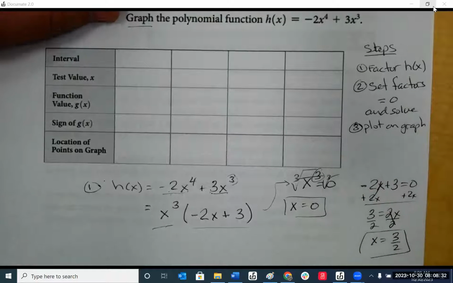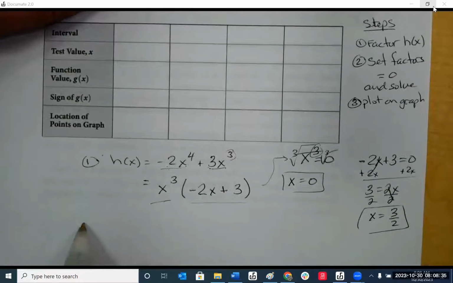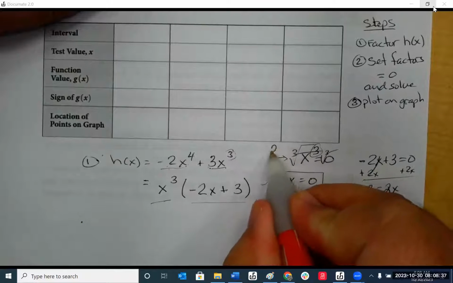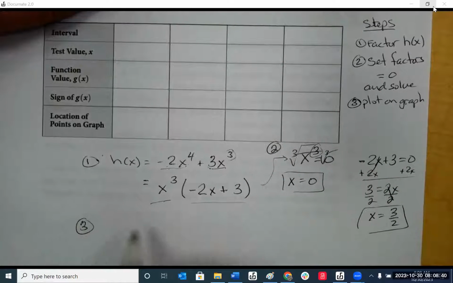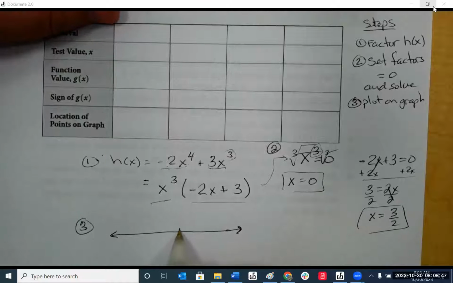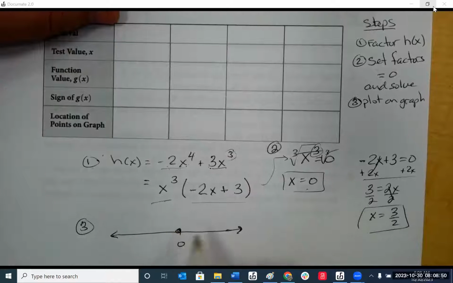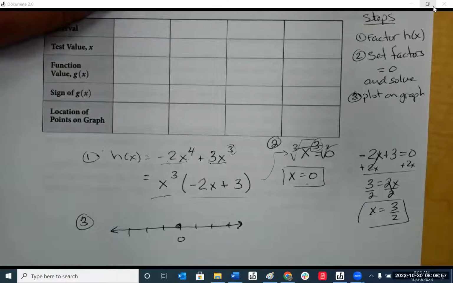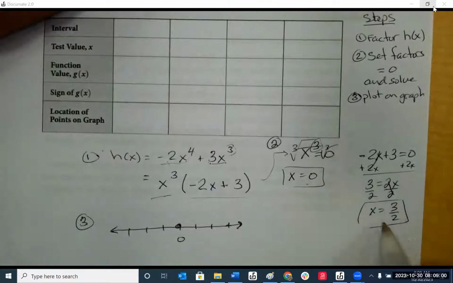Step 3: plot those 2 points on a graph. Up here, 0 is one of my dots, and the other one is 3/2, which is 1 1/2, right there.